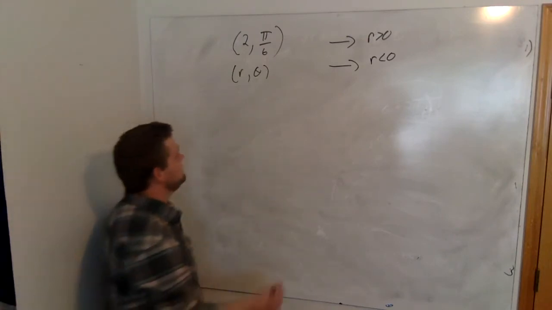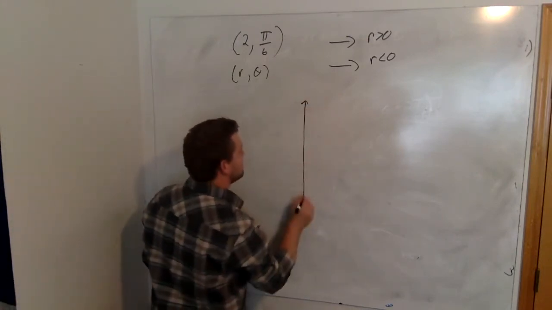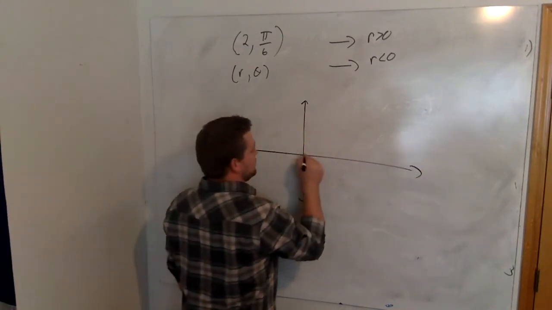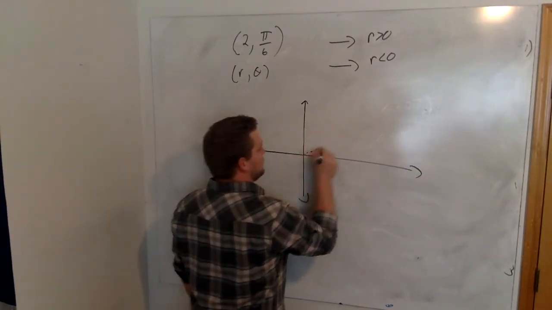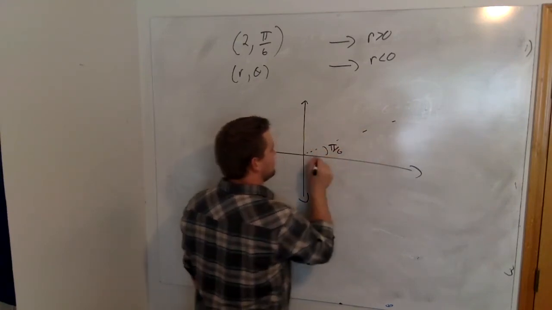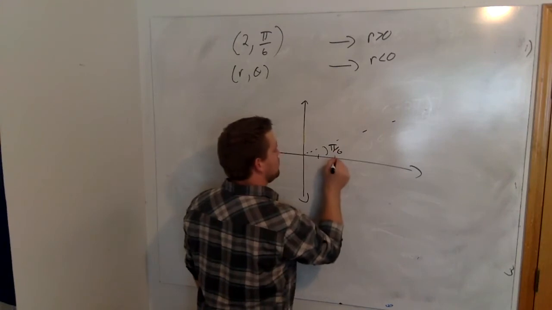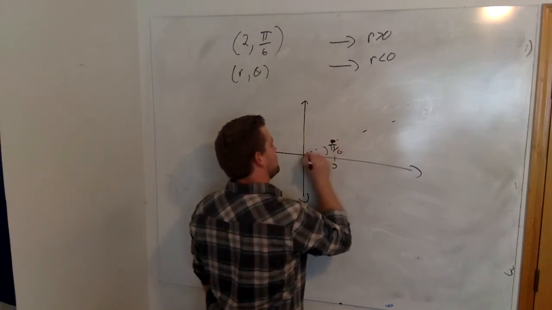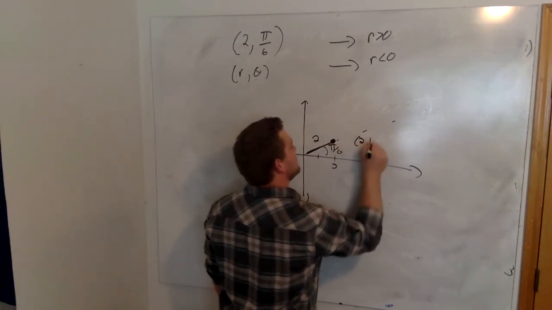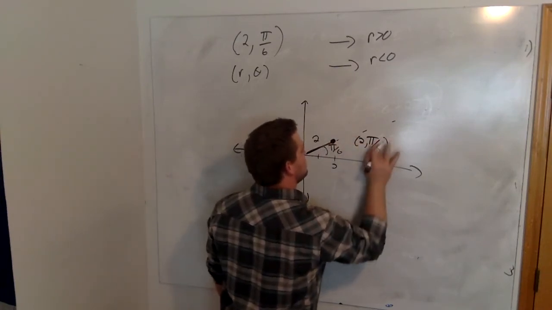Okay, let's do it. All right, so if we rotate an angle of about pi over 6, this is roughly pi over 6. Here's 1, here's 2. So this here is the point (2, pi over 6).